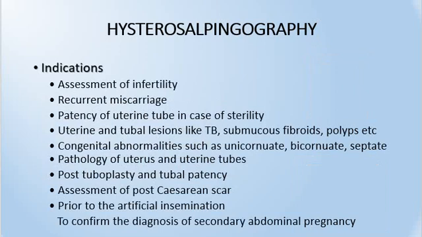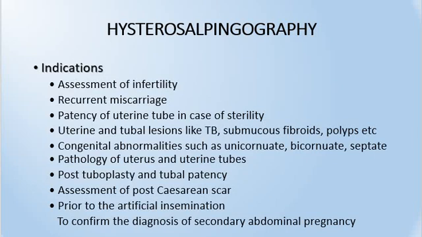What are the indications of hysterosalpingography? It is for the assessment of infertility in cases of recurrent miscarriage, and the patency of the uterine tube in case of infertility. Uterine and tubal lesions like tuberculosis, submucous fibroids and polyps can be evaluated. Congenital abnormalities such as unicornuate, bicornuate and septate uteri can be visualized.